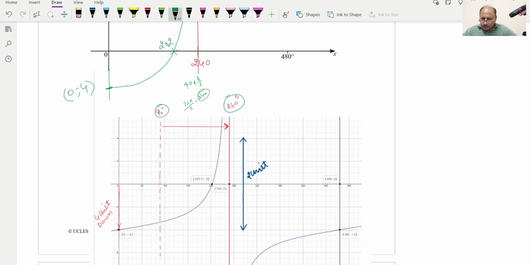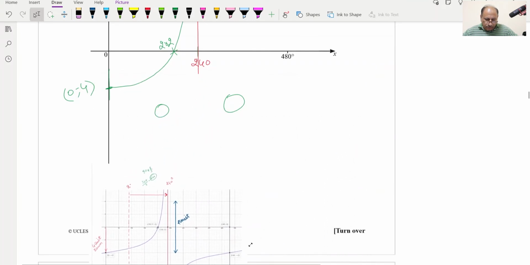And what else, we can draw the second section over here, starting from here like 480.